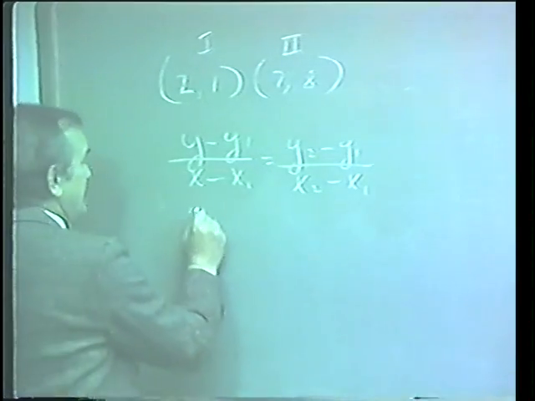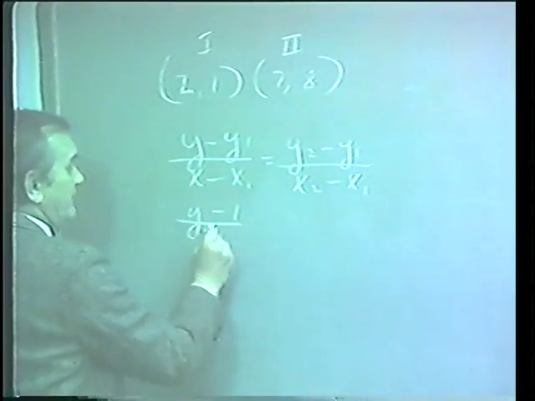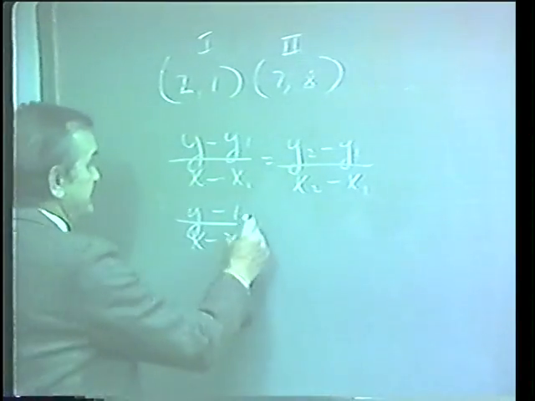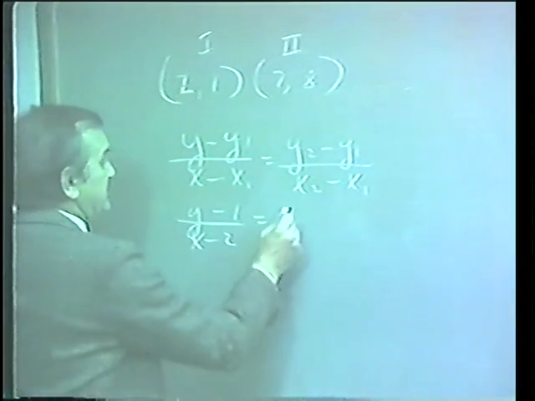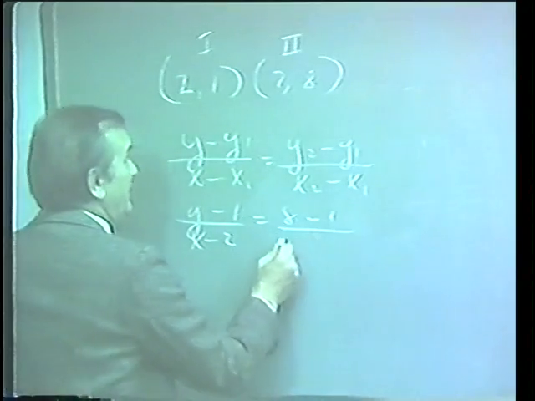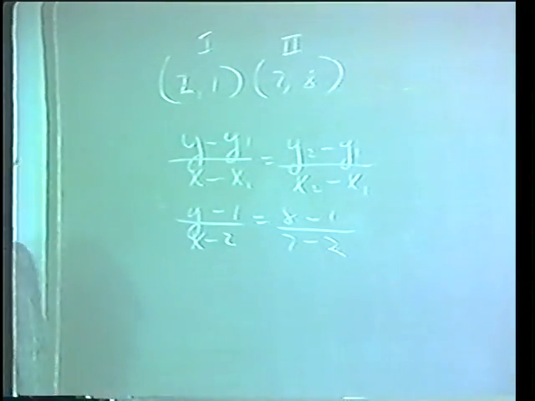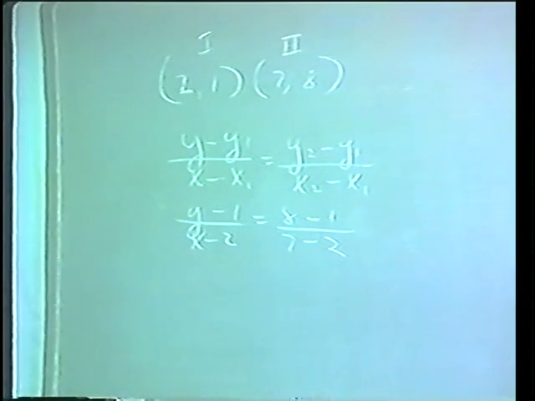It says y minus y1 over x minus x1 is equal to y2 minus y1 over x2 minus x1. Okay?